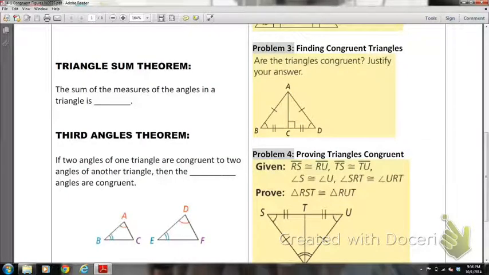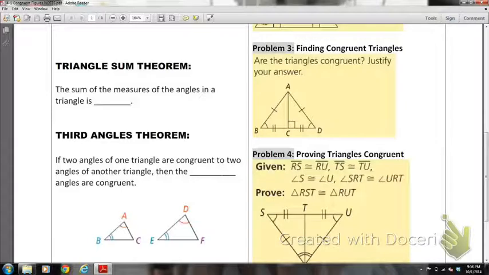Problem 3 asks, are the triangles congruent, and to justify your answer. Justifying your answer typically means we're going to use properties and theorems that we've learned. So let's make the statements here and justify them as we go. We're going to look at the triangles and see what they've given us.